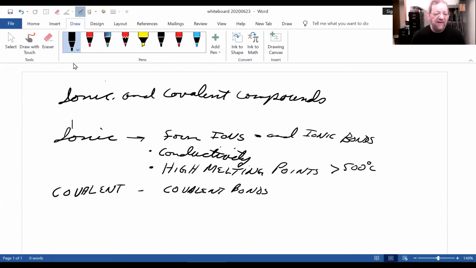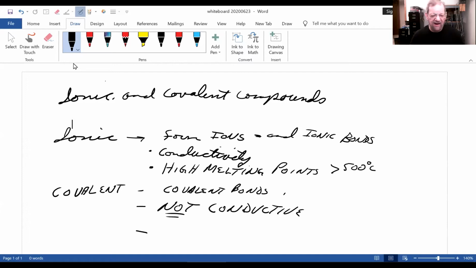Which I did. Now, when you put a covalent molecule into water or just test it alone, it's not conductive. You can't measure any conductivity.